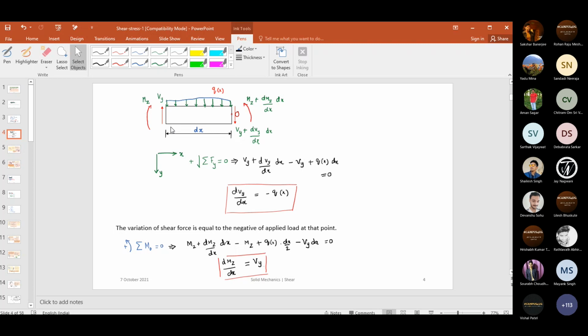That is a convention, because you should always remember that the bending moment doesn't act about a point, it acts about an axis actually.